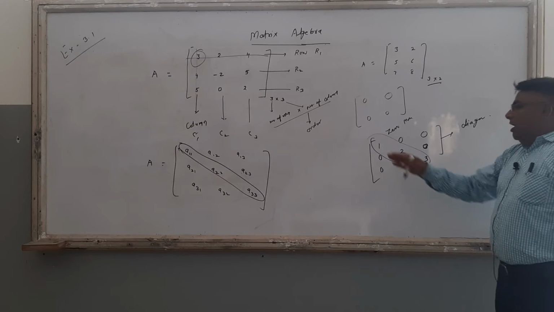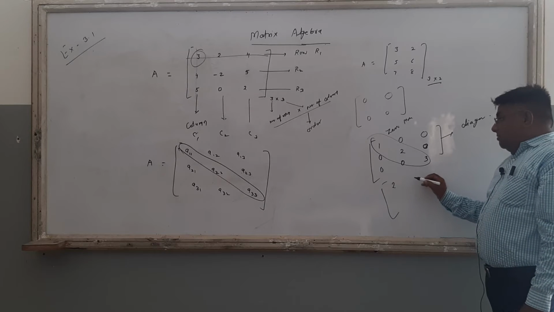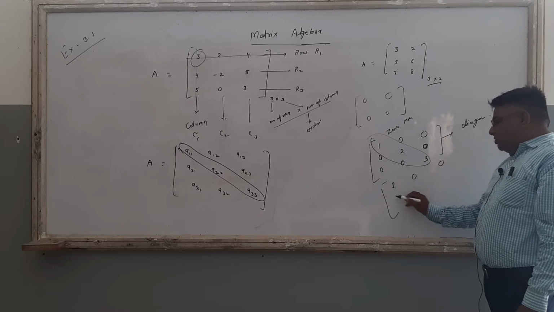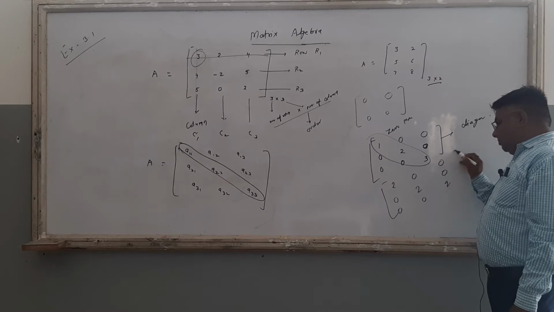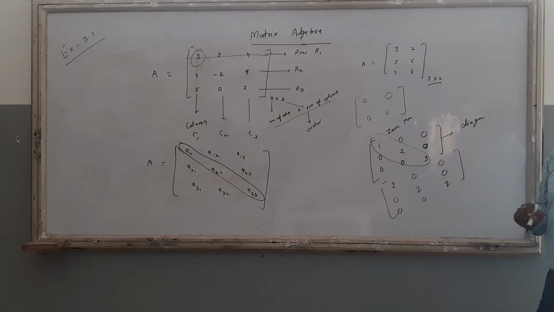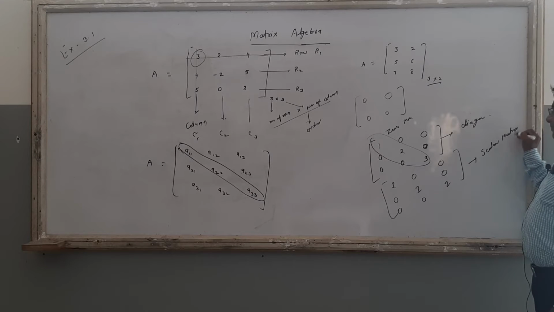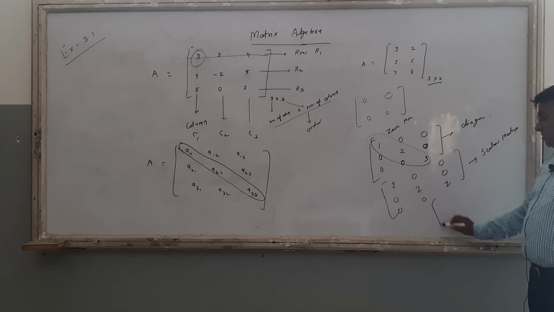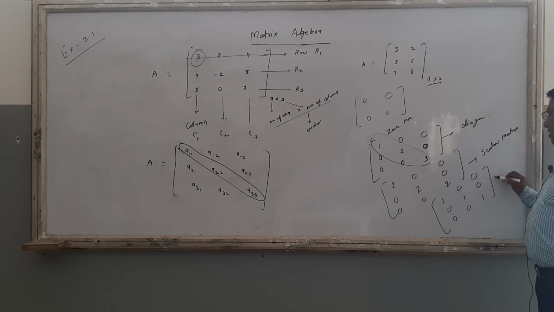The diagonal elements are different, but if the diagonal elements are the same and the others are 0, for example 2, 2, 2 or 3, 3, 3 or 4, 4, 4, this is a scalar matrix, right? And lastly, if the diagonal is 1, 1, 1 and other elements are 0, then it is called an identity matrix.